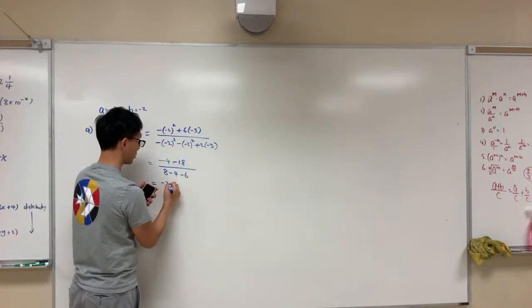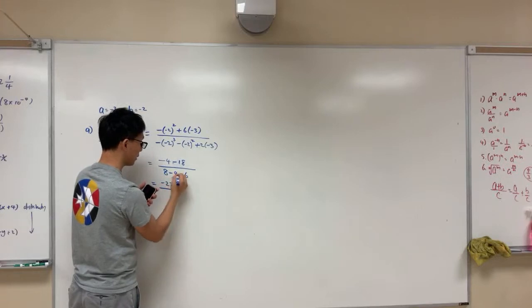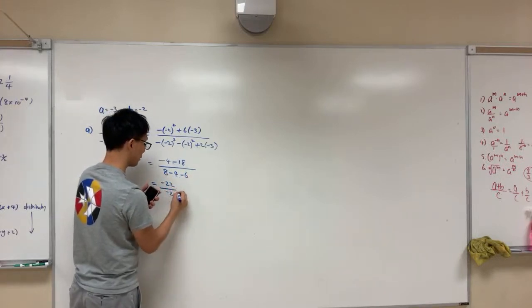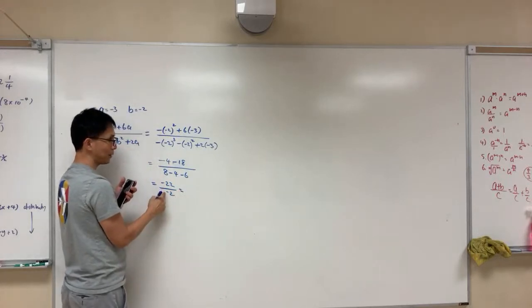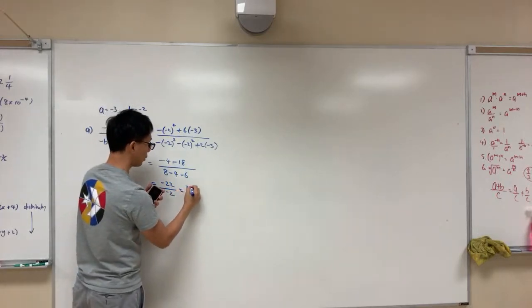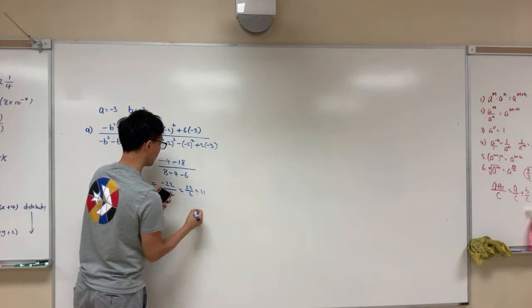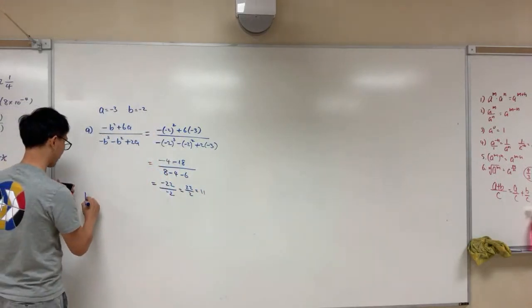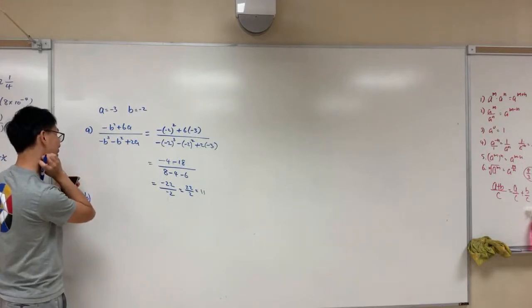So that's equal to minus 22 over 8 minus 4 is 4, 4 minus 6 is negative 2. Negative over negative is positive, and 22 over 2 is 11. The answer is 11. That's a nice answer. Hopefully your test questions are like this, but they don't have to be.